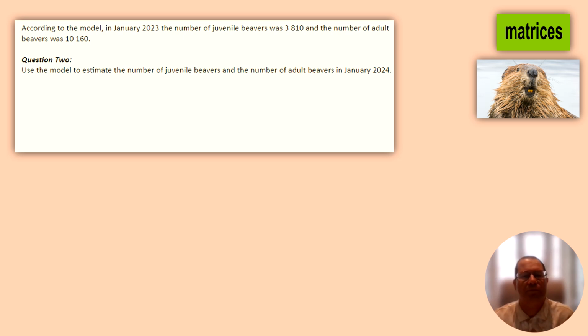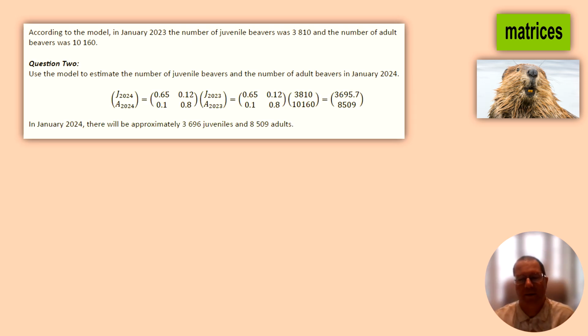According to the model, in January 2023, the number of juvenile beavers was 3,810 and the number of adult beavers was 10,160. Our second question is as follows. Use the model to estimate the number of juvenile beavers and the number of adult beavers in January 2024. Well, 2024 is obviously the year after 2023.